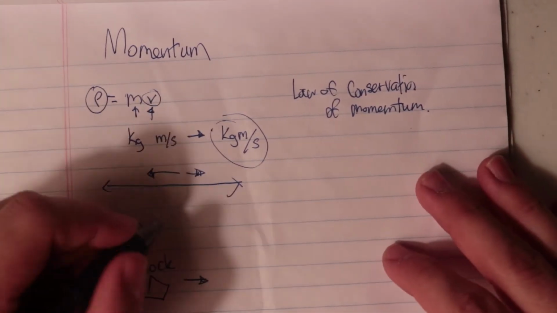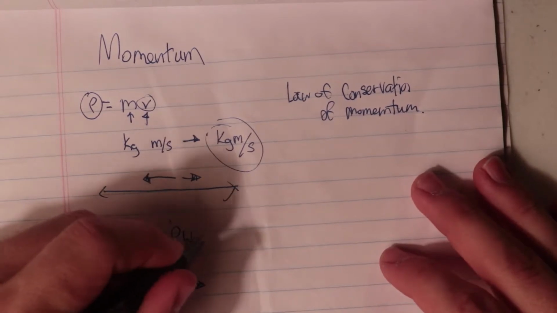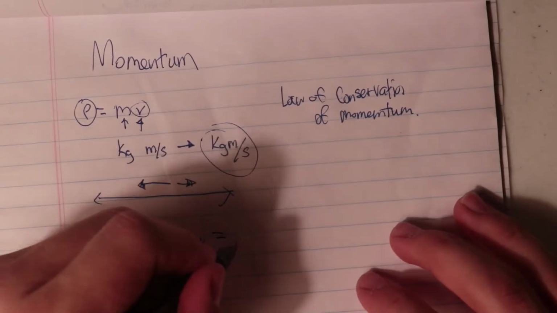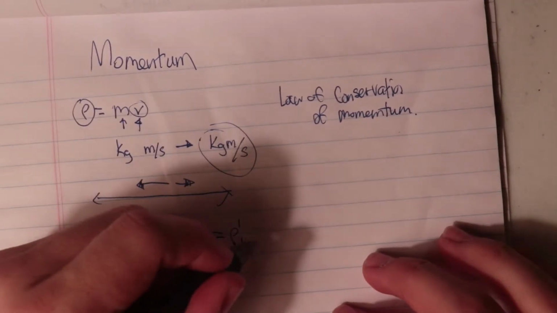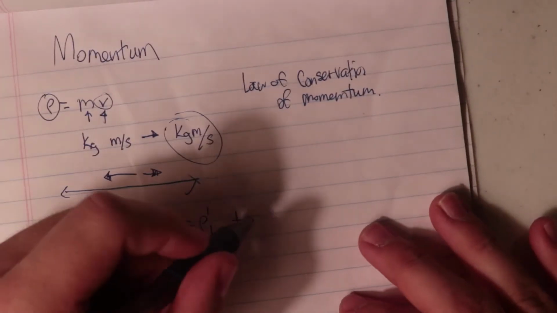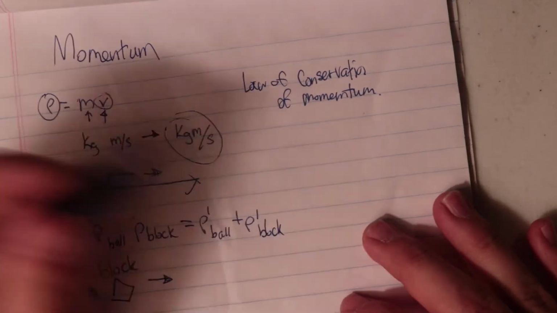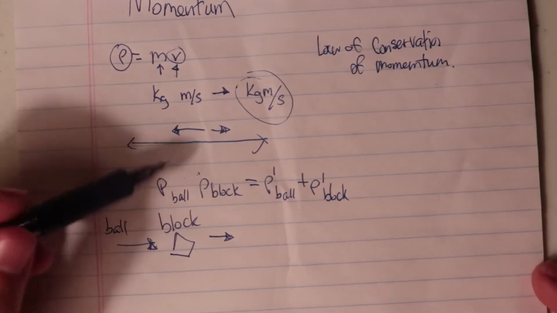I'm going to have the momentum of the ball plus the momentum of the block, and that has to equal the resulting, or prime, momentum of the ball plus the resulting momentum of the block.